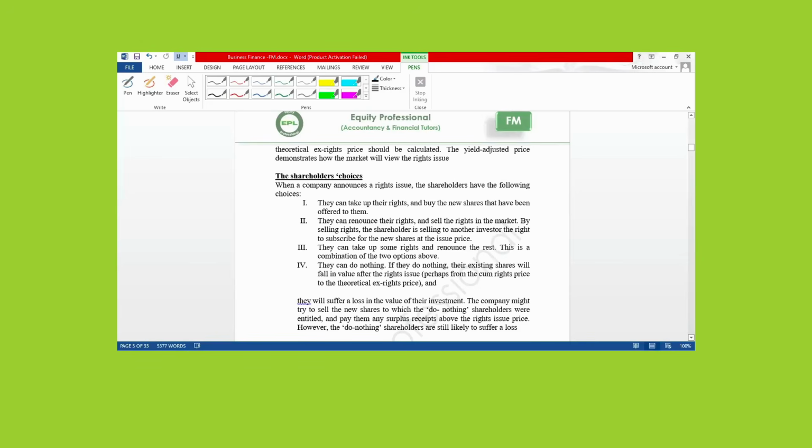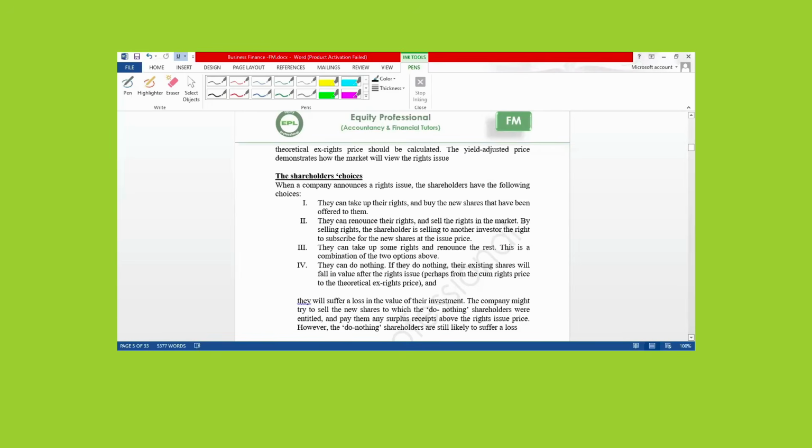Options available to shareholders when a company announces a rights issue. There are 4 options available to the shareholders when the company announces a rights issue. What are these options?